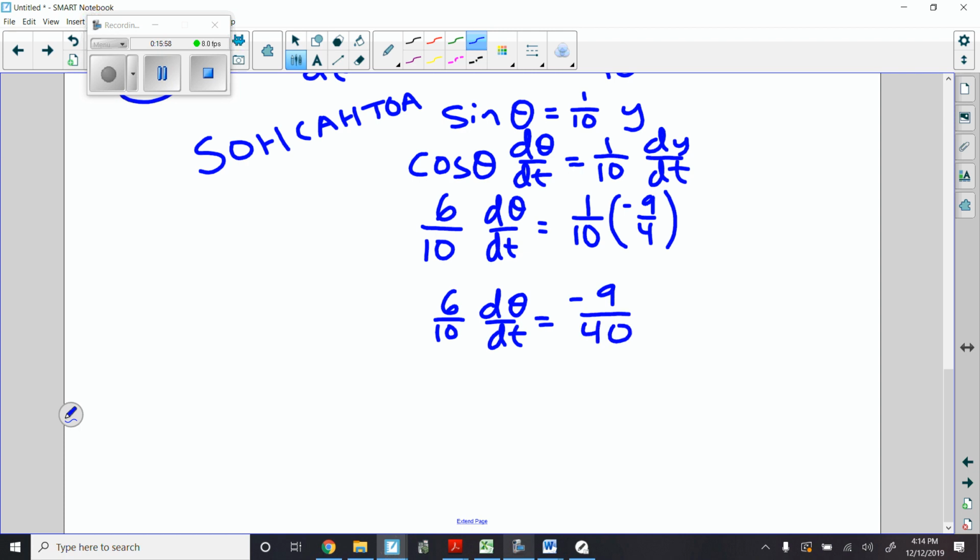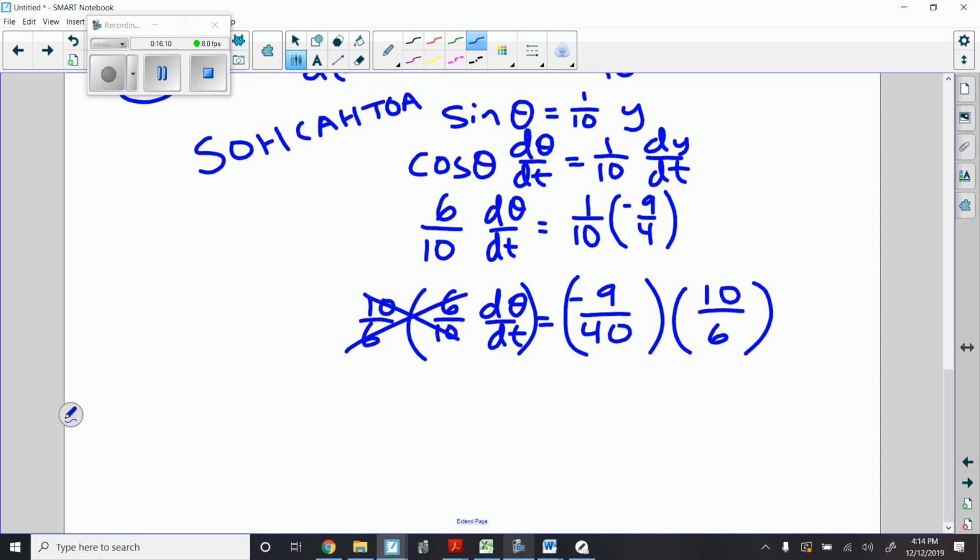And then to get rid of 6/10, instead of thinking of it as dividing by 6/10, think of it as multiplying by 10/6. Multiply by 10/6. And again, to make life easier for you, do some cross-canceling here. 10 and 40 are both divisible by 10, so that's going to be a 1, that's going to be a 4. 9 and 6 are both divisible by 3, this is going to be a 2.